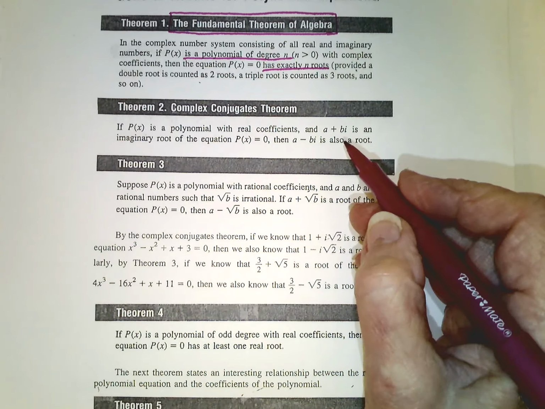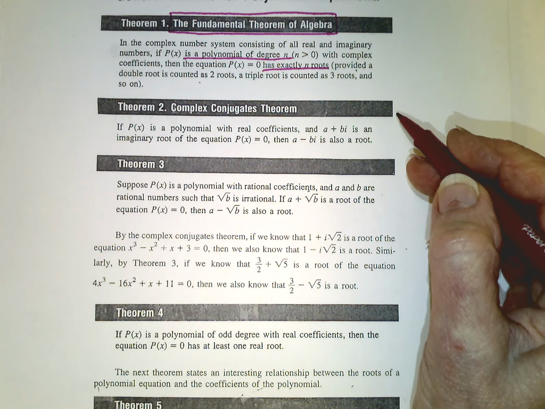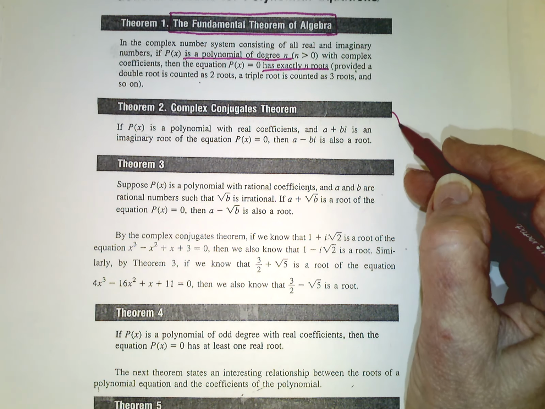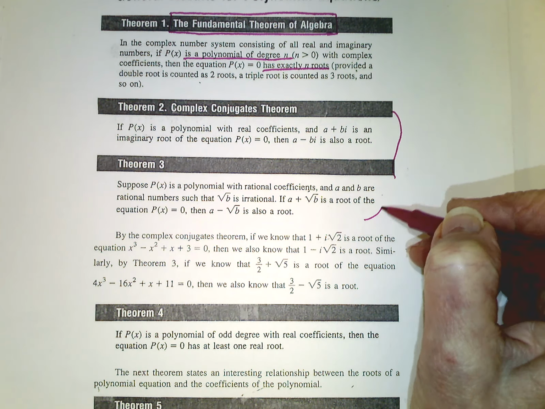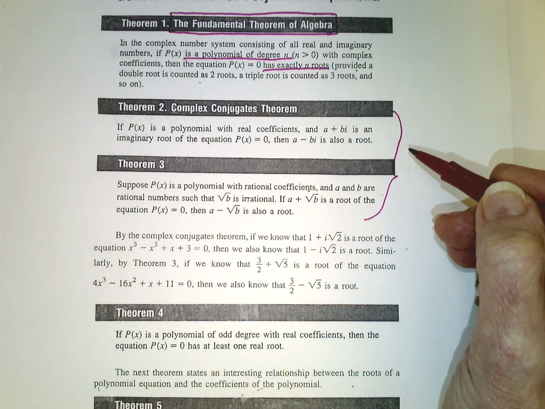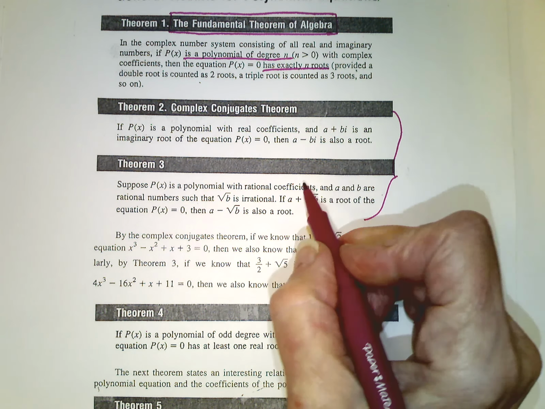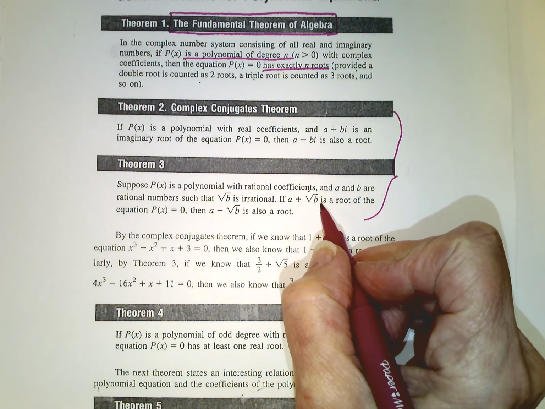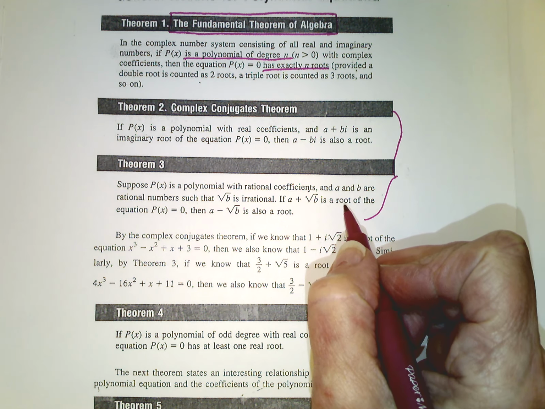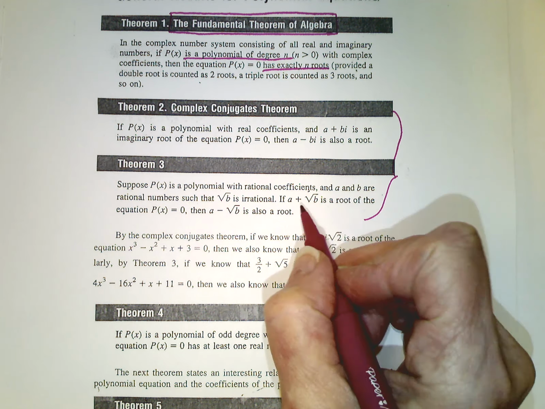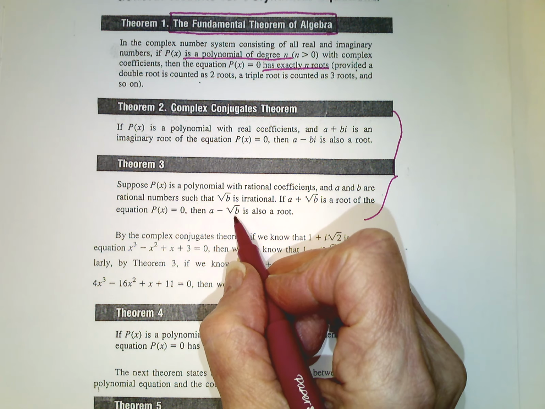The next two theorems actually come together, and some textbooks include them all as one. They are doing the conjugates of square roots. So if a plus the square root of b is a 0 or a root of the polynomial, automatically a minus the square root of b has to be a root.